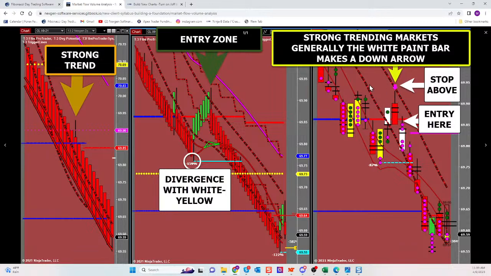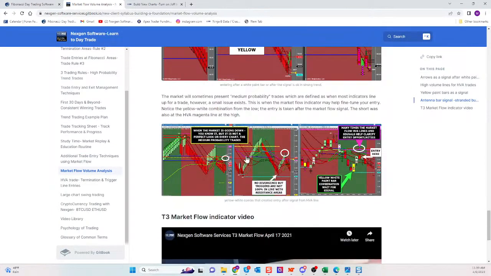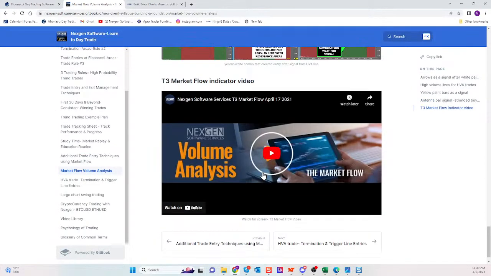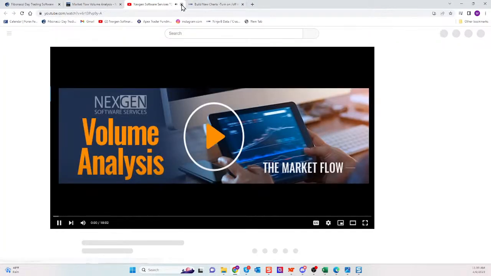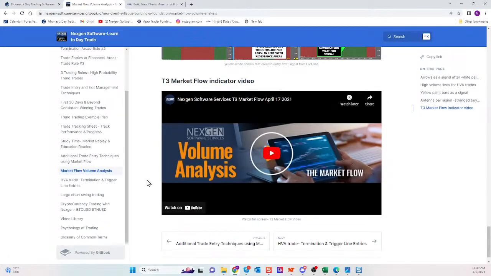So you can use that high volume area line if it lines up with the areas inside of favorable large triggers. And here's the video to watch right here. And this one is 18 minutes, but that's a good one on volume analysis.